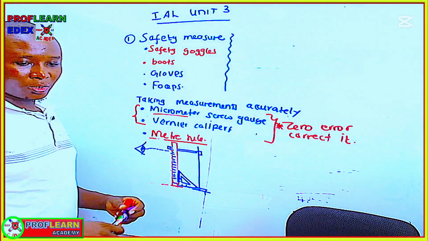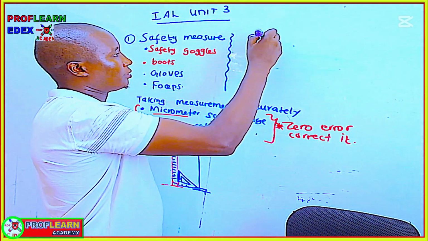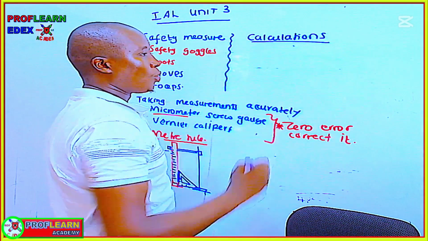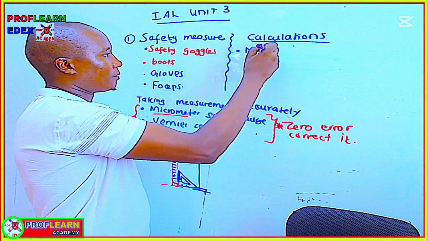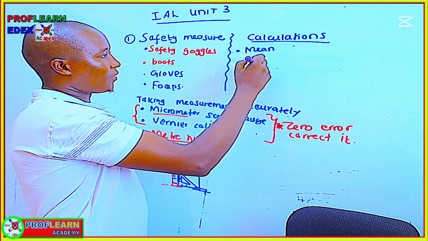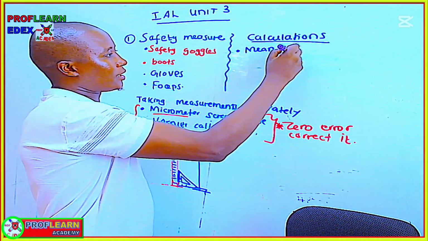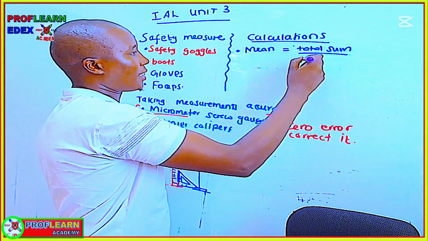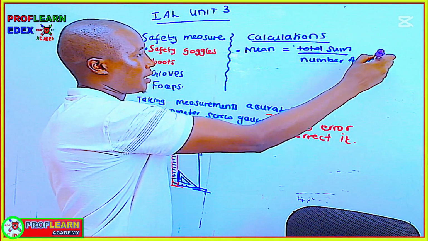Let me also mention another key concept when it comes to Unit 3, which is the calculations that you are going to be asked. One of the calculations is the mean of a quantity. You might be given different data and you are supposed to work out the mean, and to do that it is the total sum divided by the number of data.